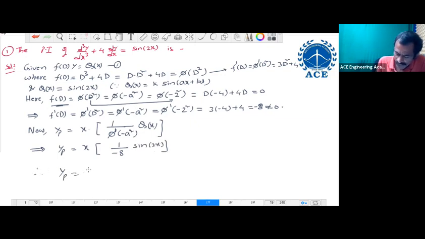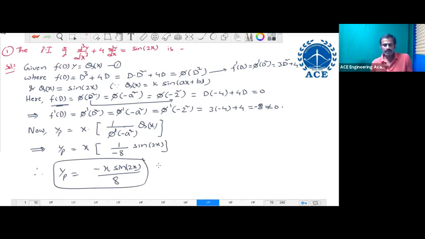Therefore, yp equals minus x into sine 2x divided by 8. This is the particular integral. For sine or cos trigonometric functions, we follow this: whenever phi of minus a square is 0, we go to the first derivative; if not equal to 0, we stop and write yp like this. This is problem number 1.